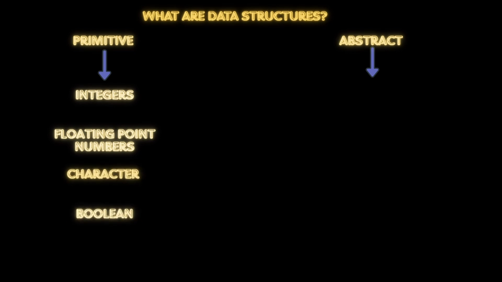Abstract data structures are high-level data structures that are built using primitive data types and provide complex and specialized operations. Some common examples of abstract data structures include linked lists, stacks, queues, trees and graphs.